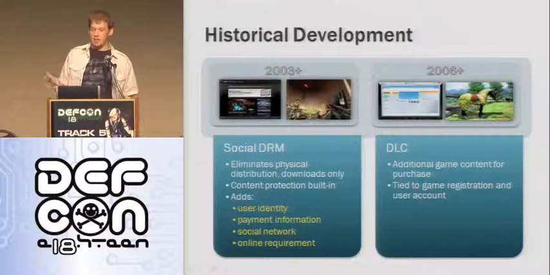And then the last little piece that came around in 2006 is not necessarily DRM, but it's an extension of this, which is interesting because it's a big money-making thing these days, and that's DLC. That stands for downloadable content, and the idea here is if you have already shelled out 60, 70 bucks for a game, we'll sell you additional content for an additional $5, and you're probably going to purchase it because you want to know how stuff continues.